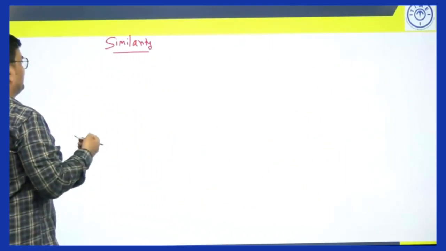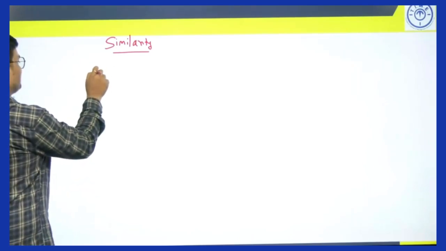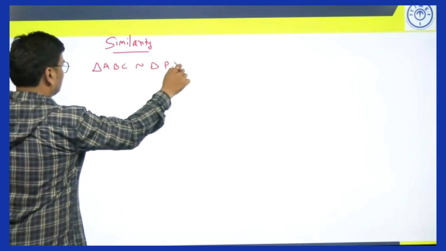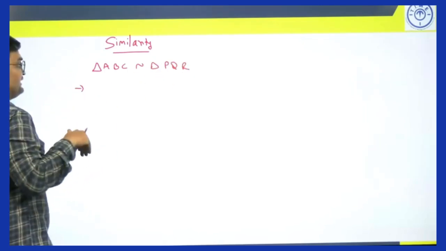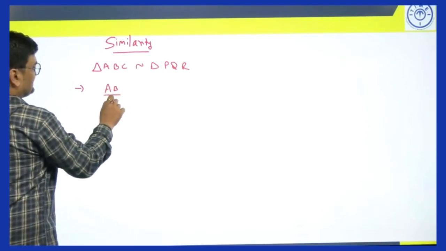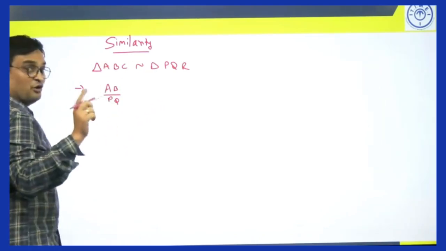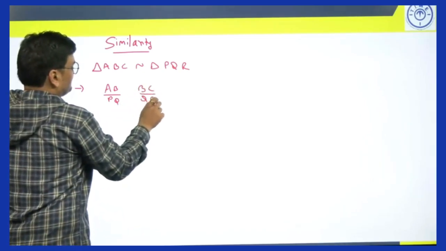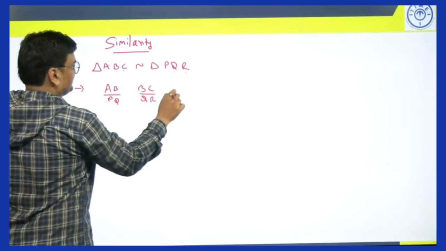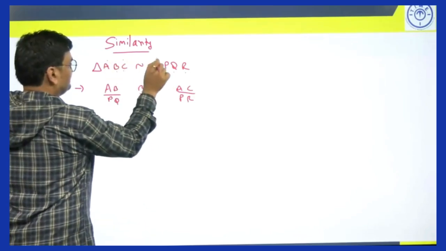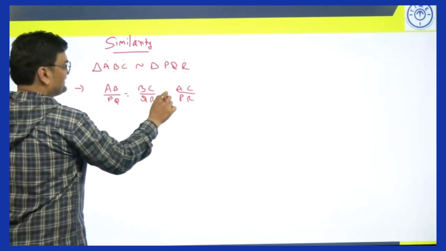If two triangles are similar, say triangle ABC is similar to triangle PQR, then point number one we can immediately conclude is that the ratio of the corresponding sides, AB corresponding to PQ, BC corresponding to QR, AC corresponding to PR, will all be the same. Order is very important: second and third here, first and third here.